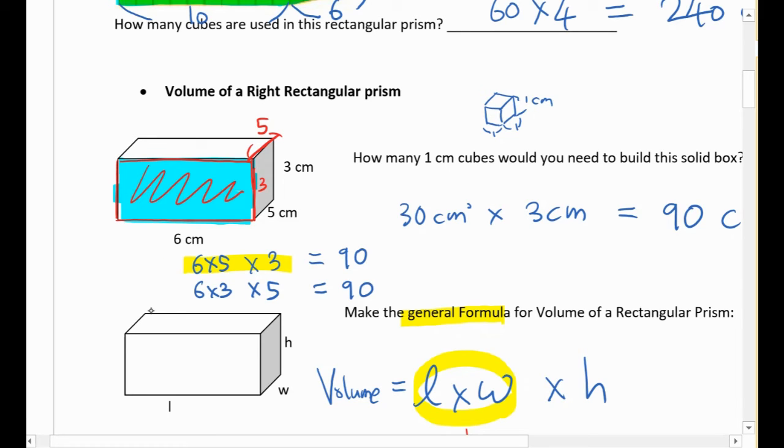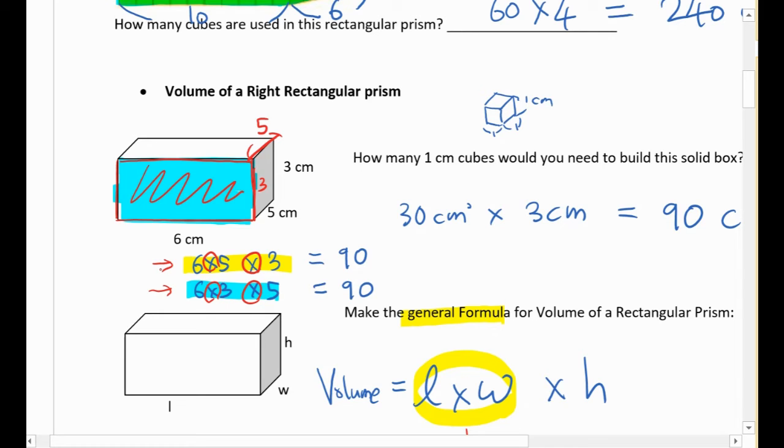It doesn't really matter which face you consider as the bottom, as the base. You will get the same answer. Is that right, everyone? Because in multiplication, the order of the numbers does not really matter. In the first equation, 6 comes first, 5 next, and 3 next. In the second equation, 6 comes first, 3 next, and 5 next.